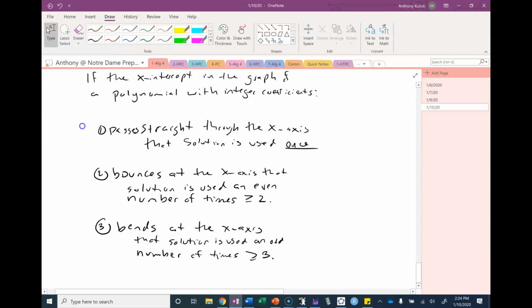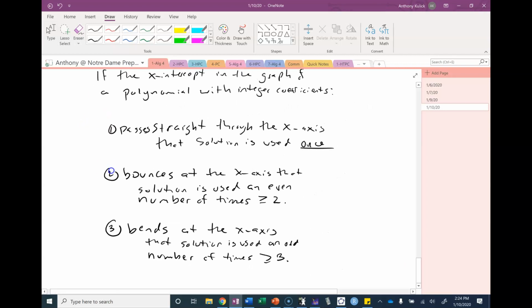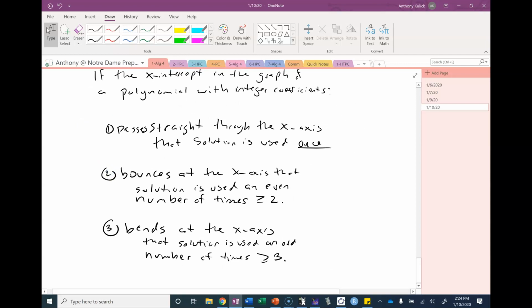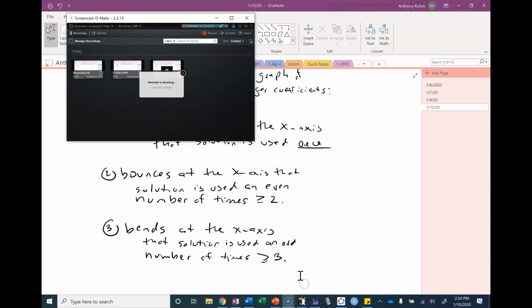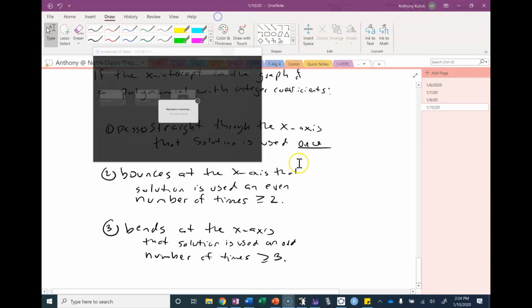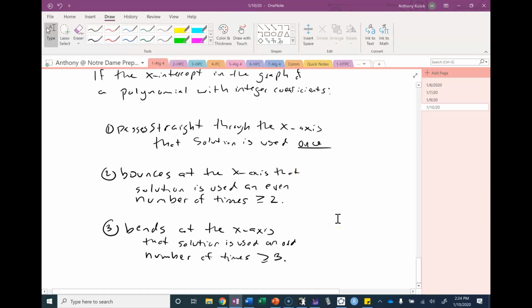So if the x-intercept in the graph of a polynomial with integer coefficients passes straight through the x-axis, that solution would be used exactly one time.